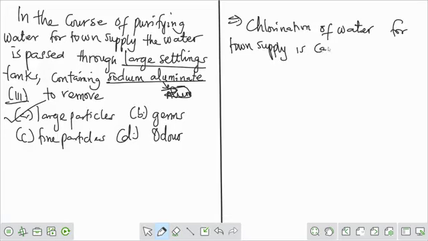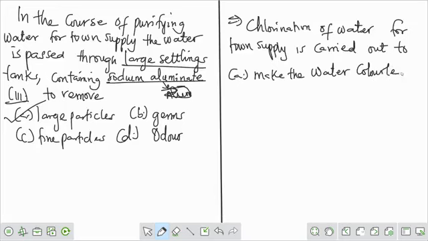So it's carried out to A, make the water colorless. Option B, remove germs from the water.